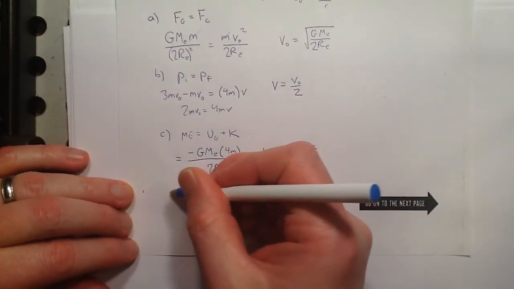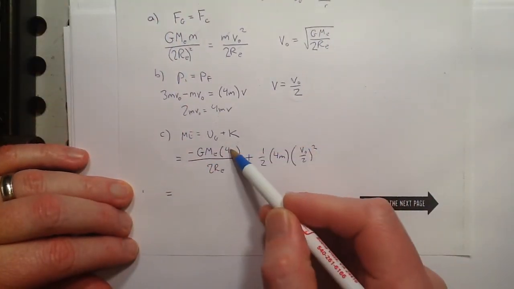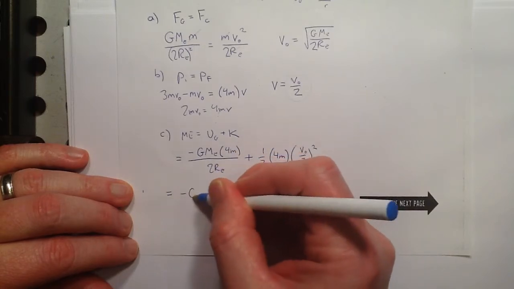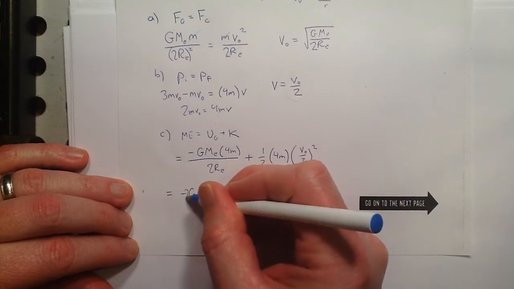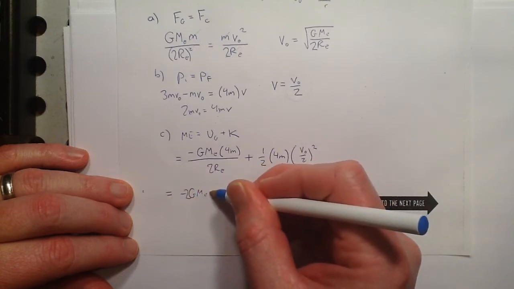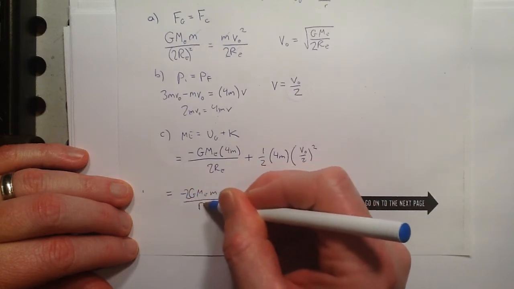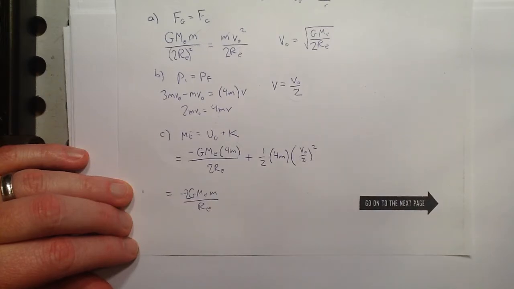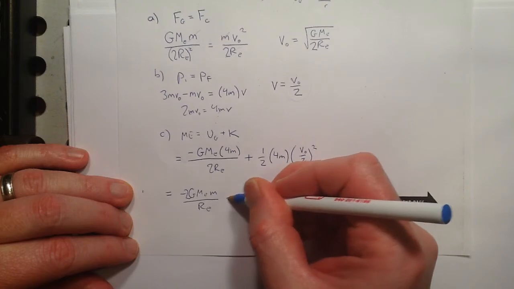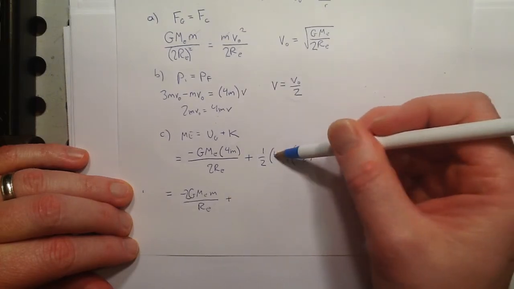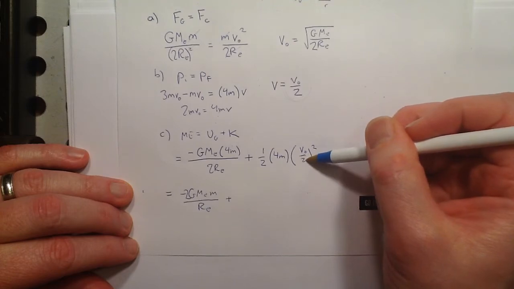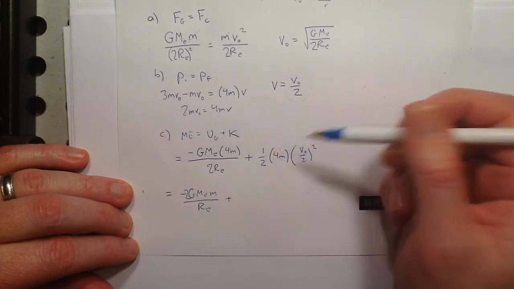So let's see what we got. Here I've got a 4 and a 2, so that will cancel to G M_E m over R_E. And then here, what do I have? This is going to be giving me a 4 on the bottom, so that 2 squared will cancel with that, and this will be left there.